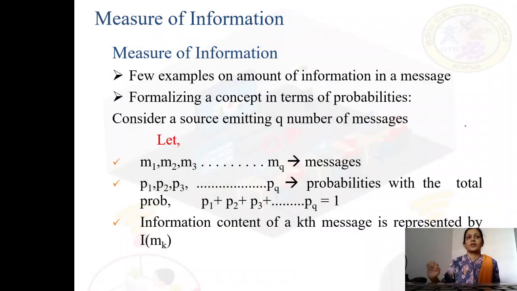Let us consider the measure of information. Whenever we discuss a communication system, we say that we are transmitting data at a particular data rate, measured in bits per second, or even symbols per second. Suppose I am sending 1000 kilobits of data per second, I will say that my data rate is 1000 kbps.